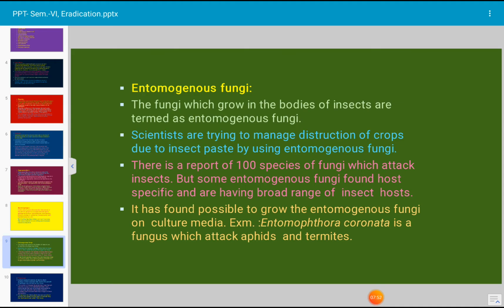There are reports of 100 species of fungi which attack insects, but some entomogenous fungi are found host specific and some have a broad range of insect hosts. It has been found possible to grow the entomogenous fungi in culture media. An example is Entomophthora coronata, a fungus which attacks aphids and termites.